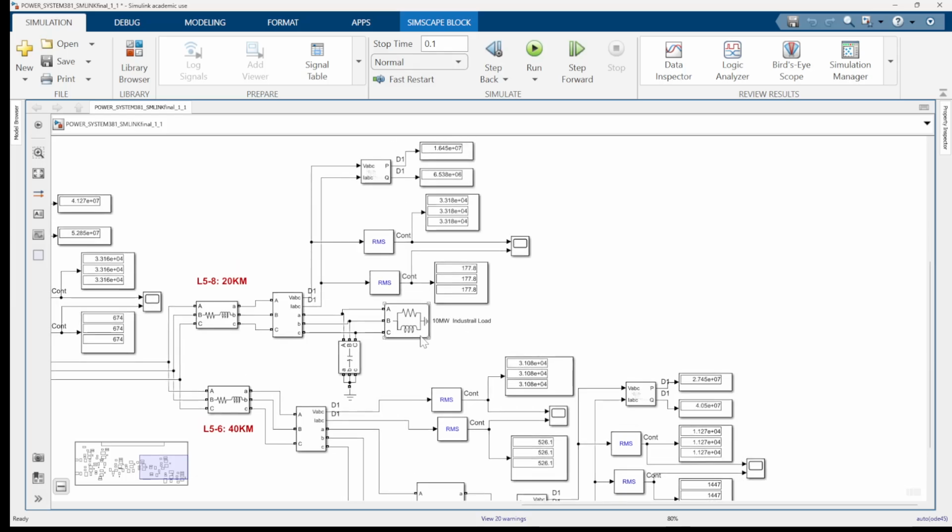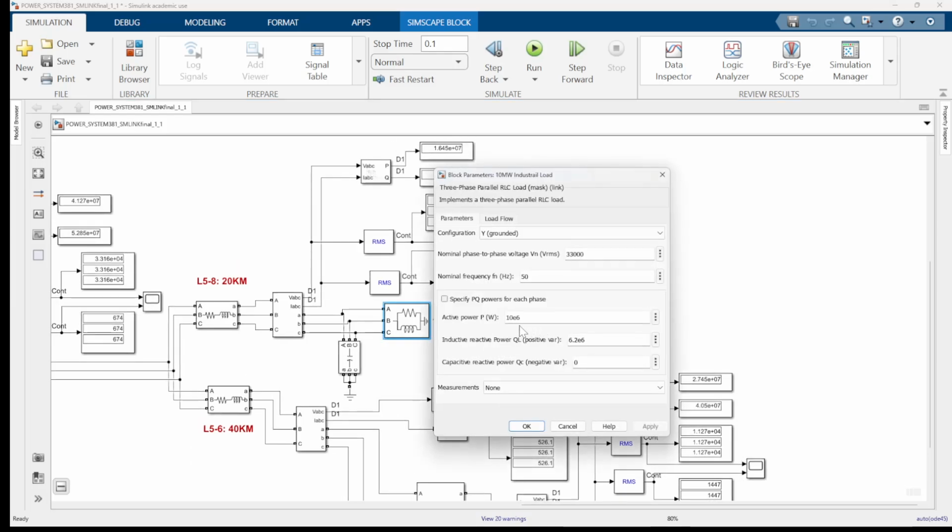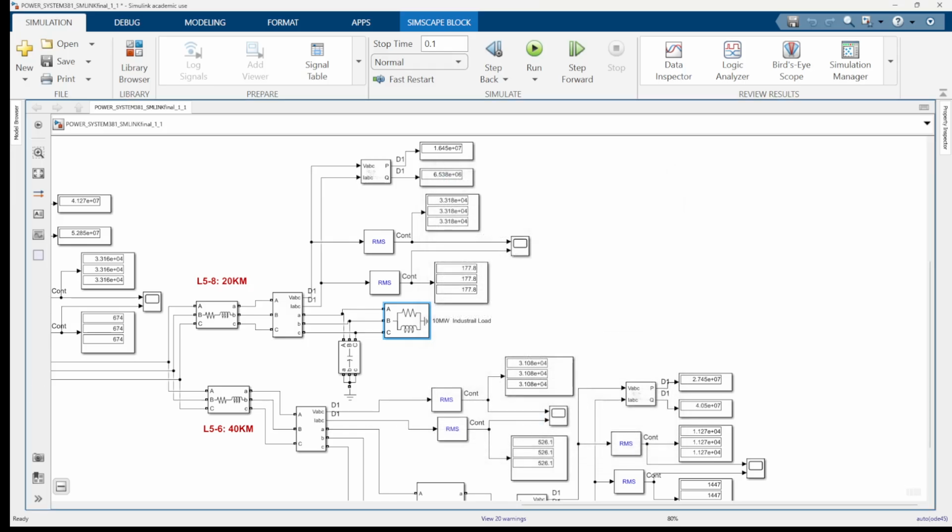In case of the industrial load, it is 10 kVA and it is running at a power factor of 0.85. For the industrial load, we later reduced the power factor to 0.6 and studied the impact of a poor power factor. These loads are modeled as constant power loads, allowing us to study the system's performance under varying demand conditions.